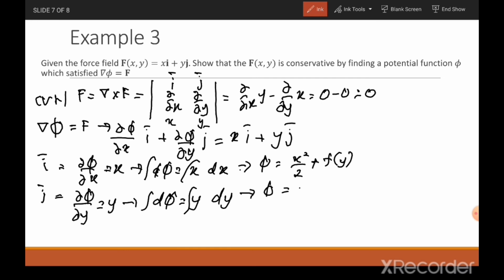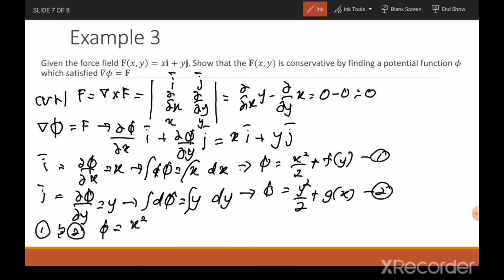So this one phi equal to y power of 2 divide by 2, so another constant g of x. So for equation 1 and 2, then okay, phi is x power of 2 over 2 plus y power 2 over 2 plus the constant h.